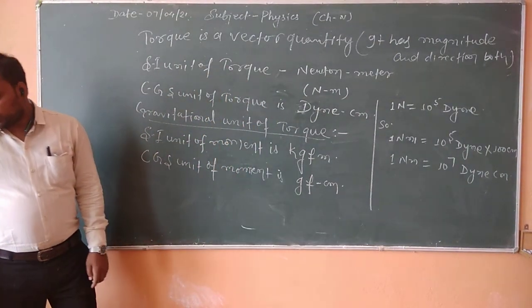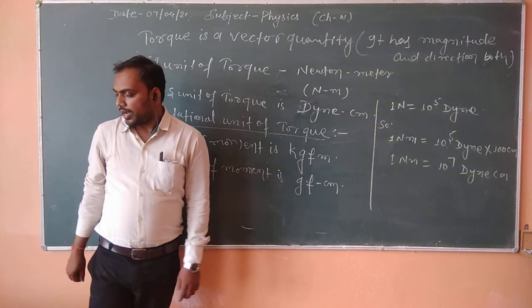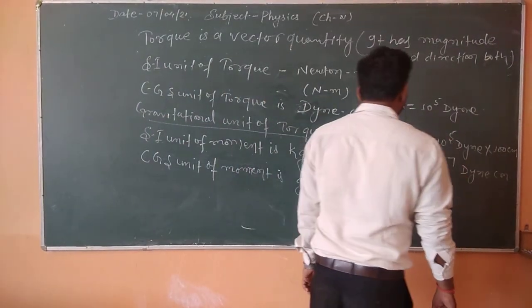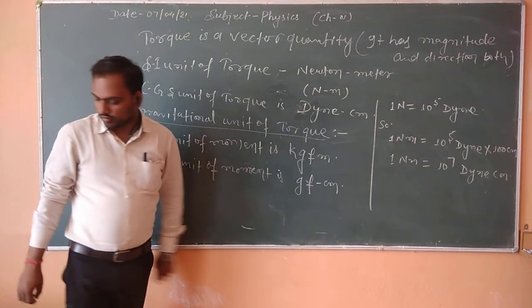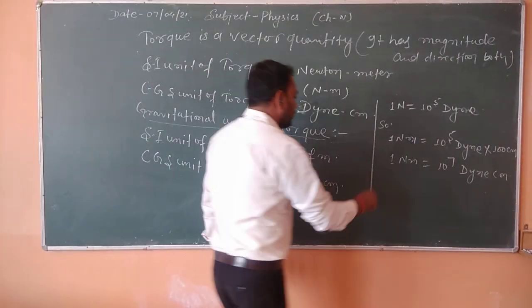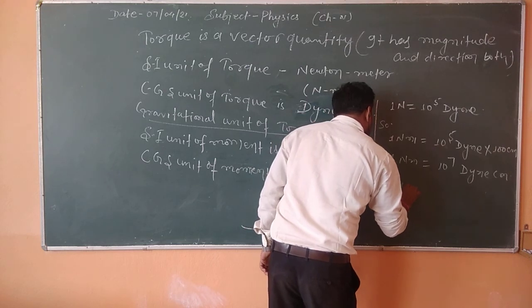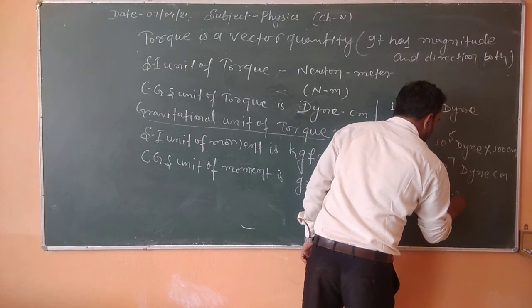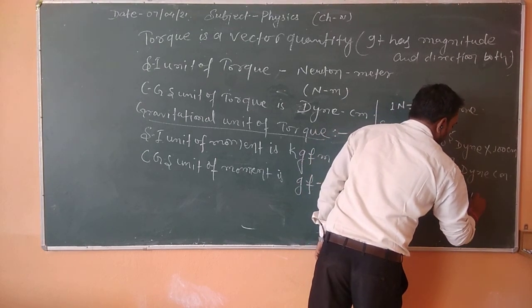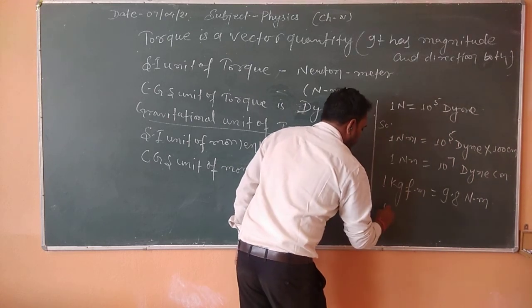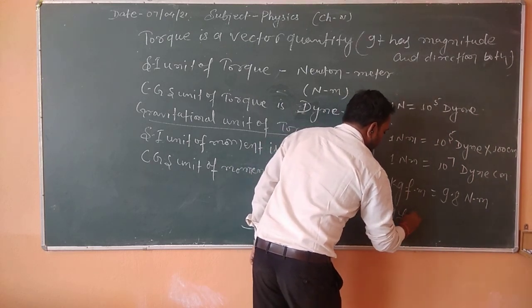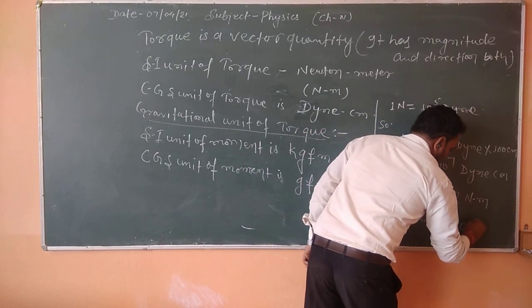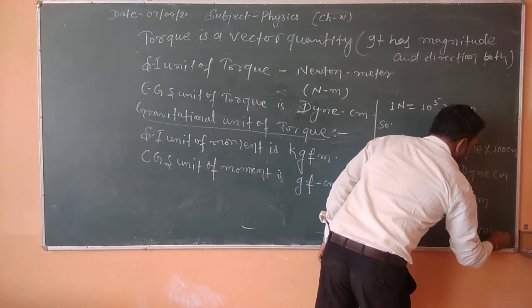1 kgf meter is equal to 9.8 Newton meter and 1 gf centimeter is equal to 980 dyne centimeter. 1 kgf meter is equal to 9.8 Newton meter. 1 gf centimeter is equal to 980 dyne centimeter.